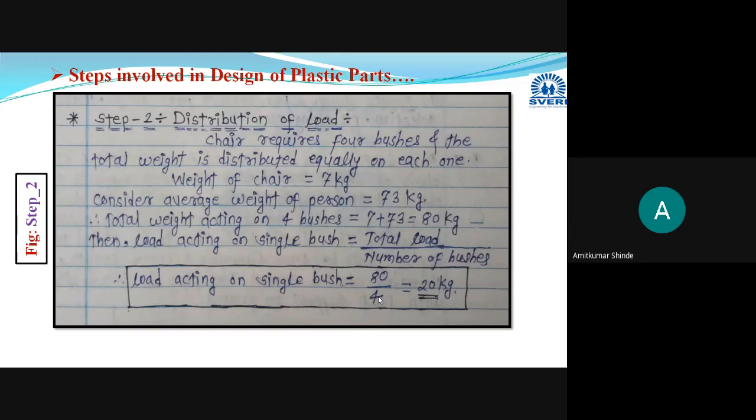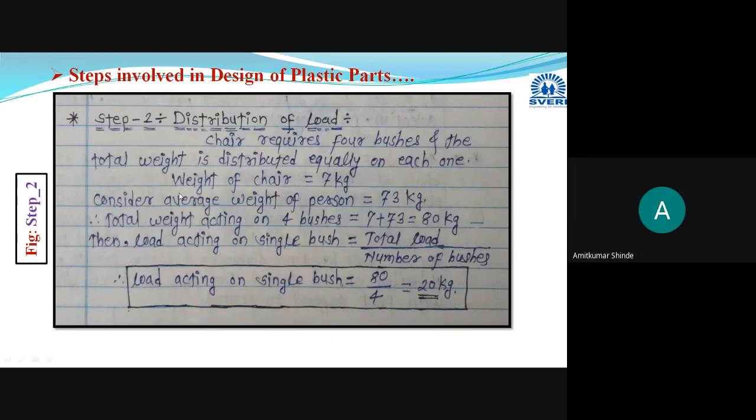So as they have given the weight of the chair here, I will explain it. The chair requires four bushes, and whichever total load is there, that total weight is distributed equally on each bush. The weight of the chair is 7 kg.